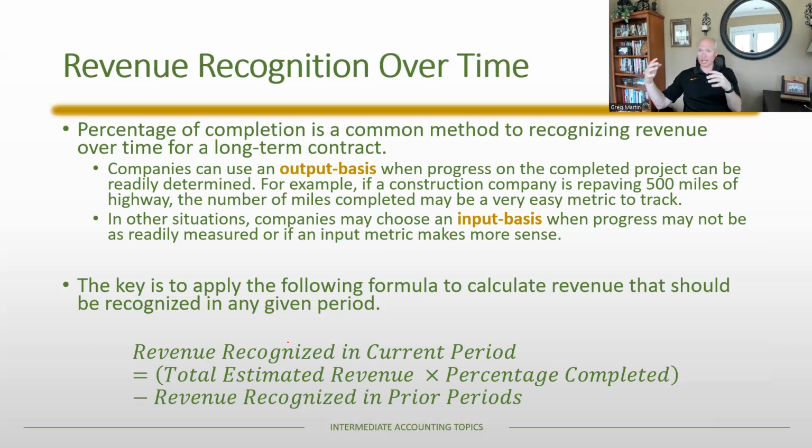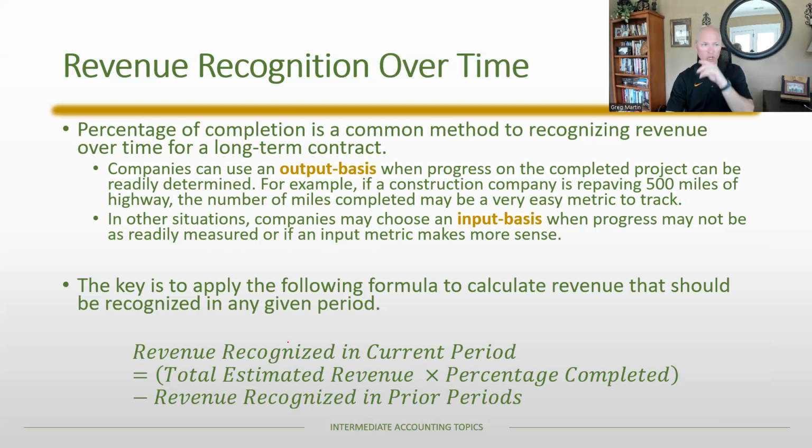Well, then, I need to subtract anything that I've already recognized, right? So if I'm in 2024 and I calculate the amount of revenue that I've earned to date, well, I may have recognized some of that revenue in 2022 and some of that revenue in 2023. And so the amount that I recognized in 2024 is just whatever's left. And so that's how we do this.